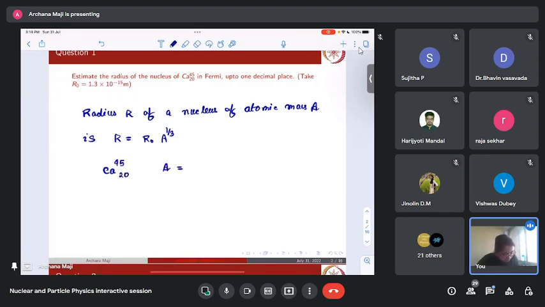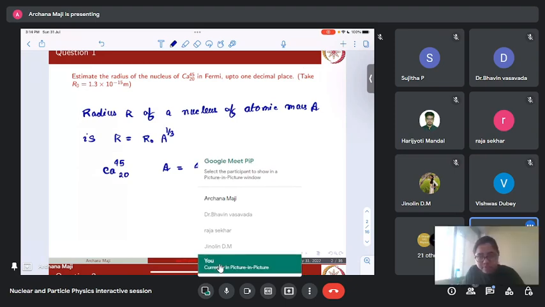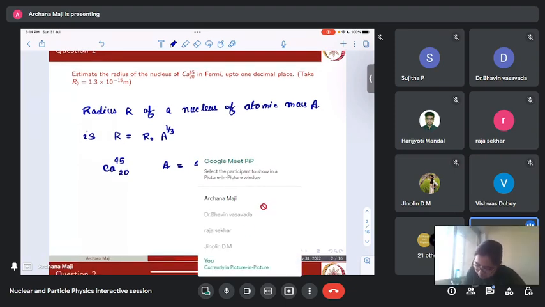Now for calcium, the atomic mass is 45, and R naught is given to us.